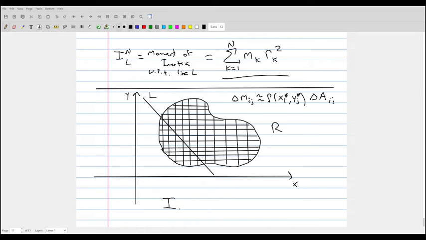Our approximation to the moment of inertia about line L is going to be exactly the Riemann sum over all of our pieces in the partition of delta Mij times the distance of that piece, which we're measuring at the sample point, squared.